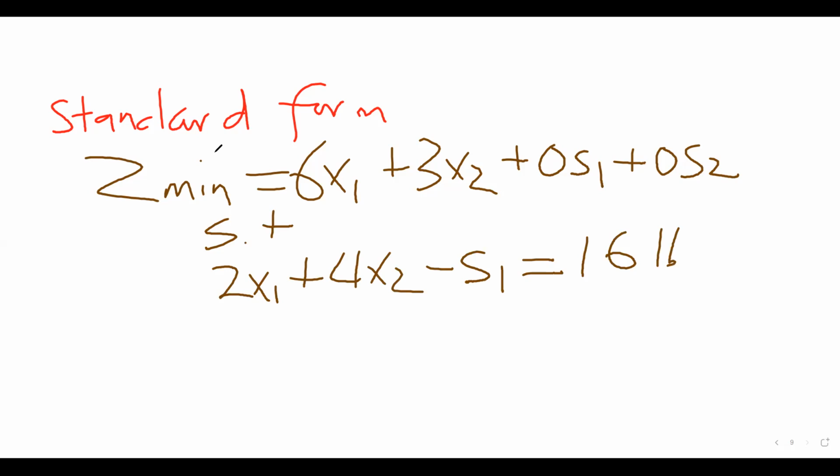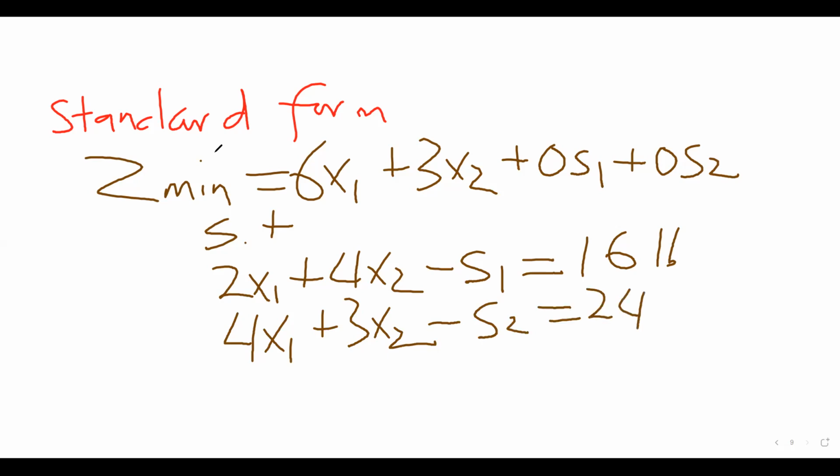Okay, the phosphate is 4x1 plus 3x2. Subtract the S2 from it, the second surplus, and make it equal to the 24, which is for the phosphate. So now we've brought equality into this. This is the standard form.